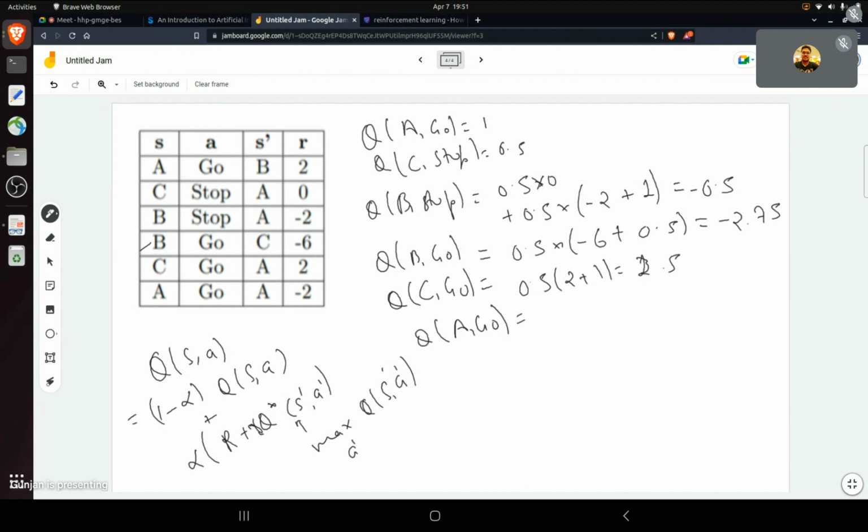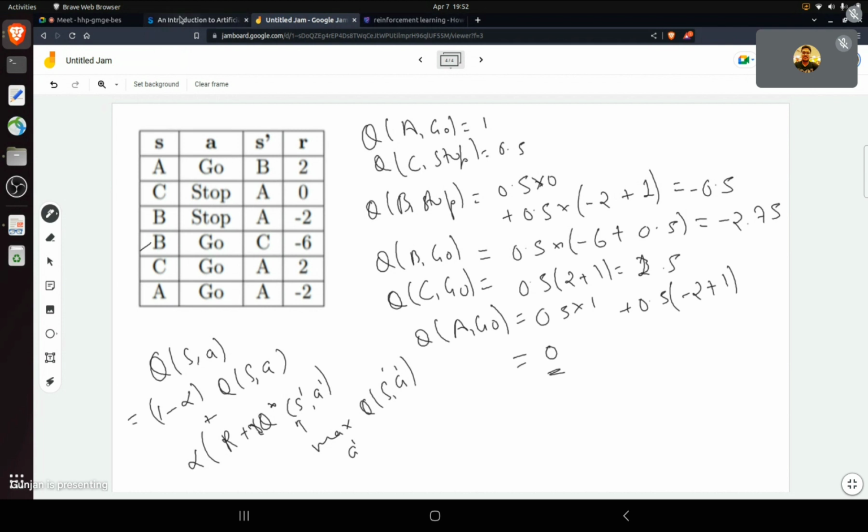We now have an initial value, so it will be 0.5 times 1 plus 0.5 times minus 2 plus 1, right? Because of Q(A, go) from the previous step. So minus 2 plus 1, that is minus 1, times 0.5, and 0.5 plus minus 0.5 is 0.